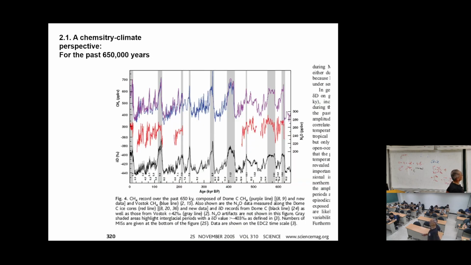If we go back further, for the past 650,000 years, we can see this kind of warm, cold, warm, cold, warm, cold change. Very much like the Lorenz model, the change of phase between this one and this one.